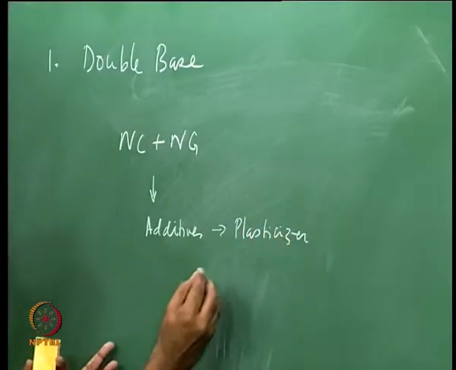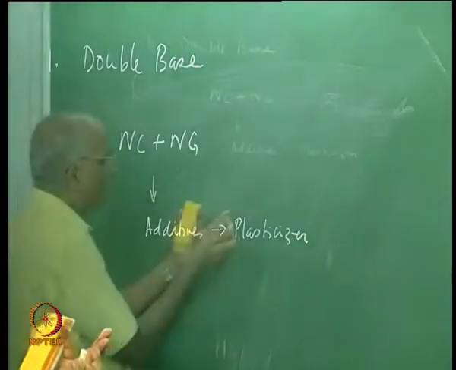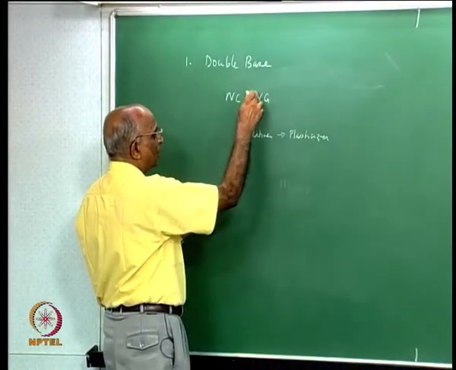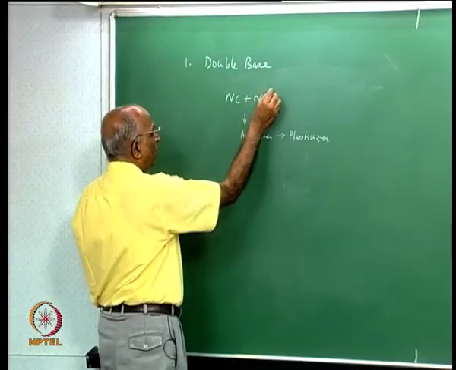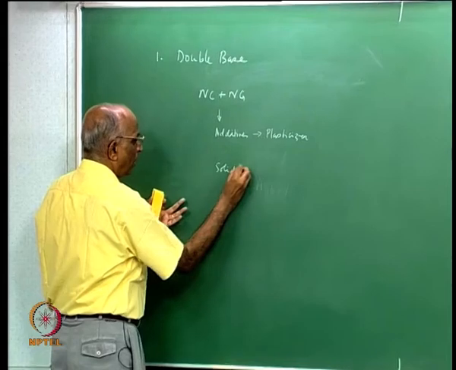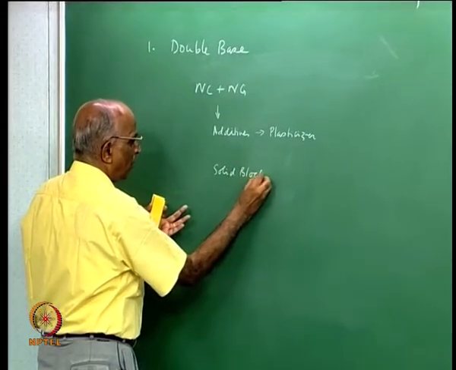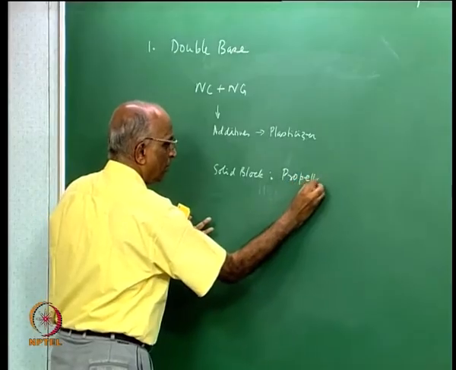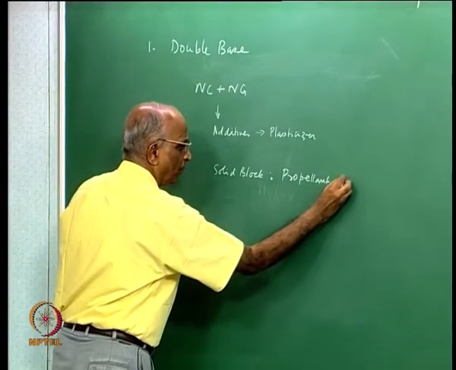We add something which will make it flow because I would like the two to mix together. We add a small part of it, we make it into a liquid, we cure it, make it a solid block, and this solid block we call a propellant grain or a propellant block.